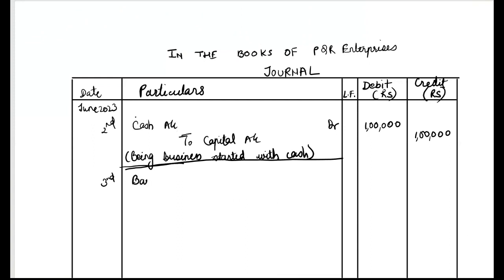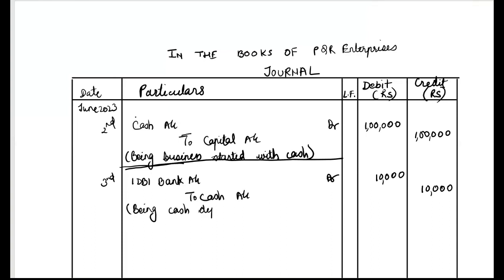So I'll write the bank's name, IDBI Bank Limited, or IDBI Bank account debit 10,000 to cash, because cash is going out of the business. Cash account 10,000. And being cash deposited in bank, or I can simply put cash deposited. Right? These are my two transactions of the journal.